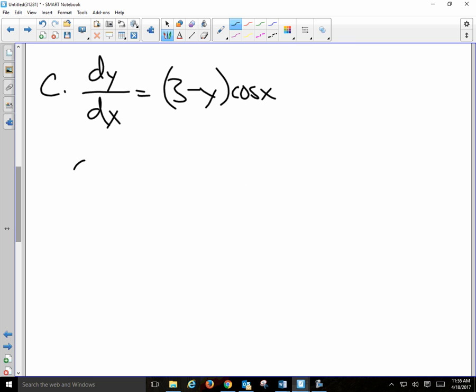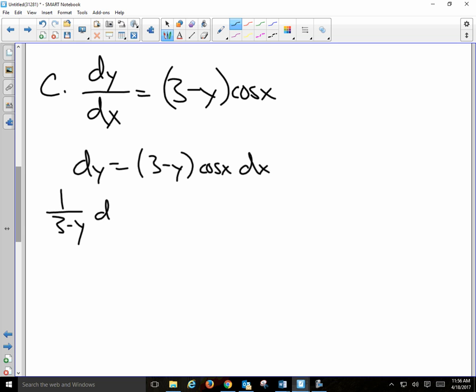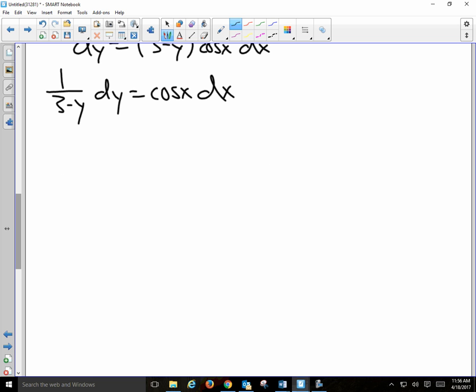Okay, dy over dx is equal to 3 minus y cosine of x, so 1 over 3 minus y dy is equal to cosine of x dx. Integral.